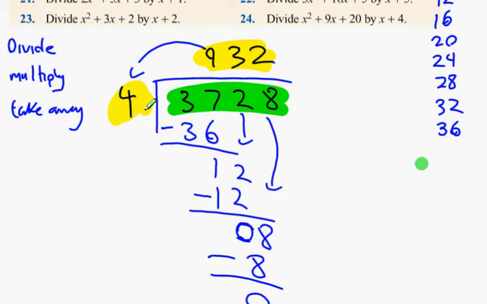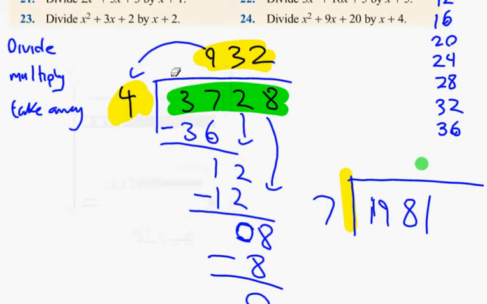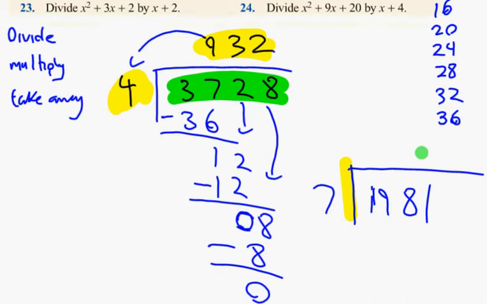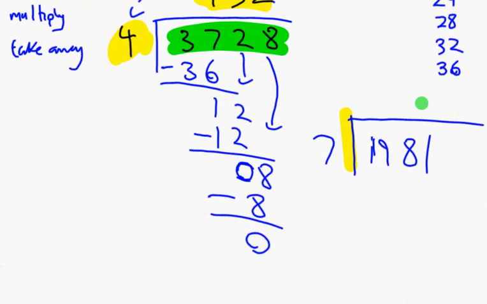Okay, in class now, what we have next is 7 into 1981. So 7 into 19 goes twice. Multiply to get 14. Take away, 19 minus 14, 5. Does 7 divide into 5?